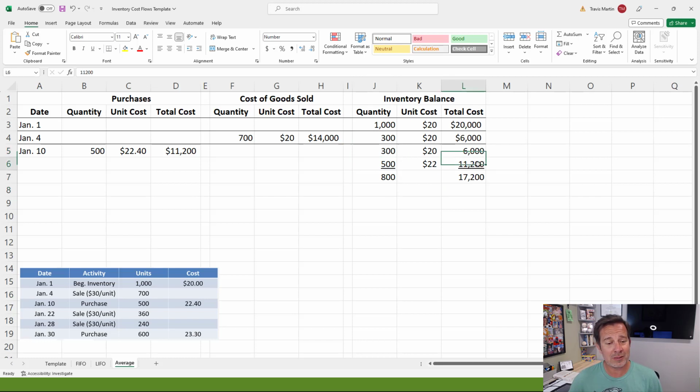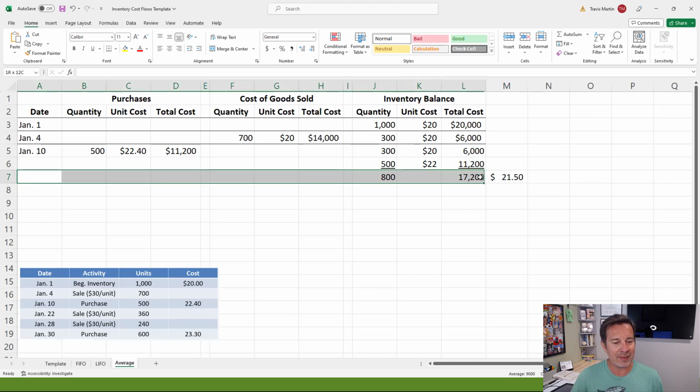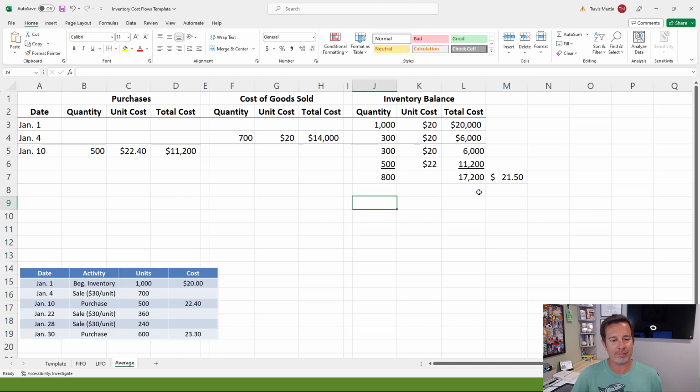My total cost, $6,000 plus $11,200, is $17,200. To get an average, all I'm going to do is take that total cost and divide it by the number of units. So $21.50. That's it. That is my average cost per unit.